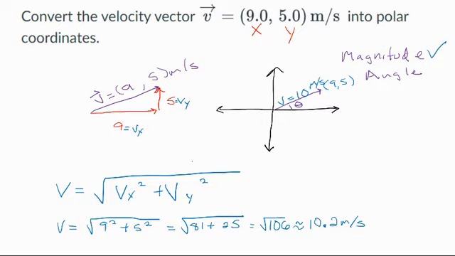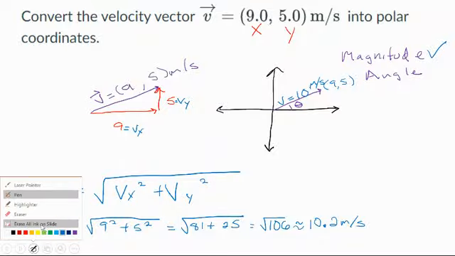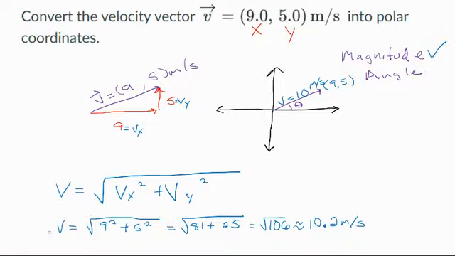Now how do we find the angle theta? Well, you also have that formula somewhere in your notes. You just got to look them up. To find theta, I need the arctan of v sub y over v sub x.